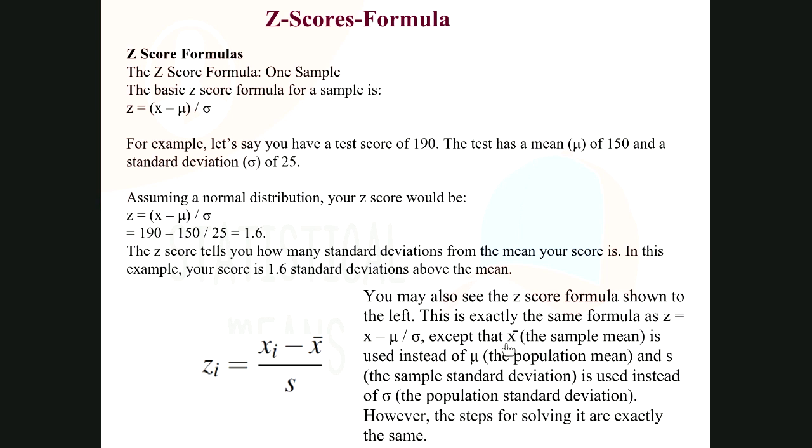Sometimes you may also see the Z-score formula shown to the left here. It is exactly the same as Z equals X minus mu divided by sigma, except that X bar, the sample mean, is used instead of mu, the population mean. And S, the sample standard deviation, is used instead of sigma, the population standard deviation. However, the steps for solving it are exactly the same.